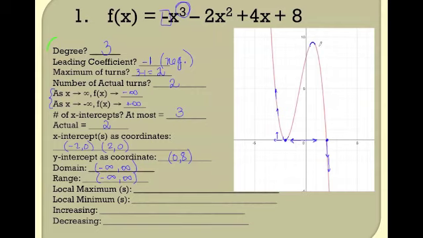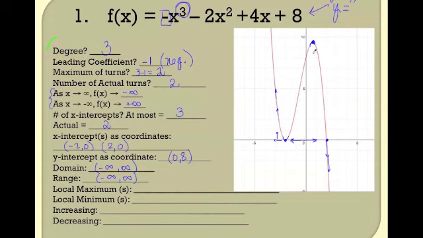Our local maximum is this point right here, and if you haven't done so already, you should put this in your calculator in the y equals part, because this is an irrational number.